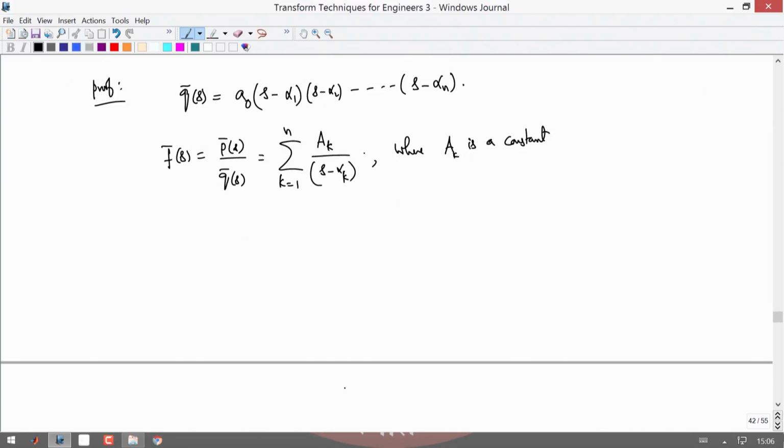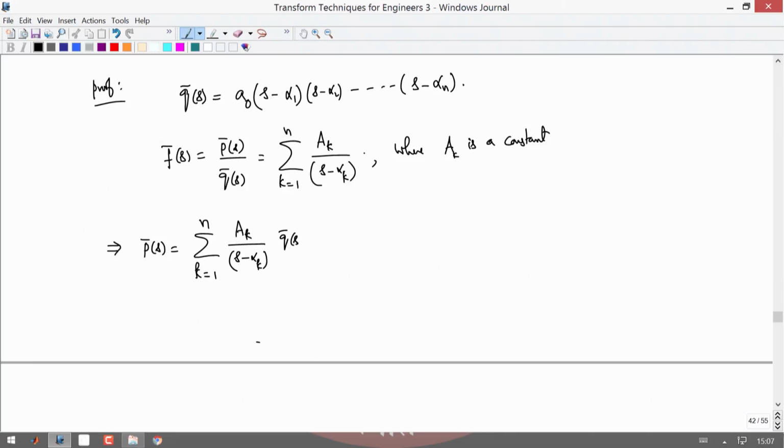So if you do this, p bar of s is q bar of s times the sum over k from 1 to n of a k by s minus alpha k.